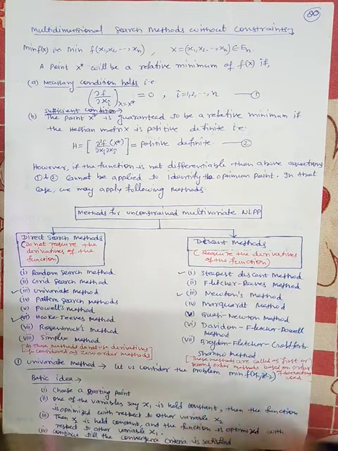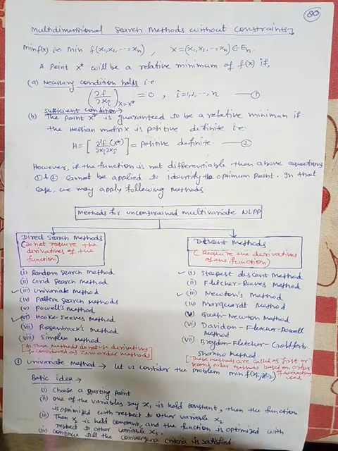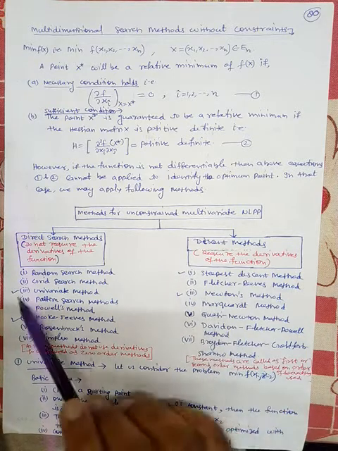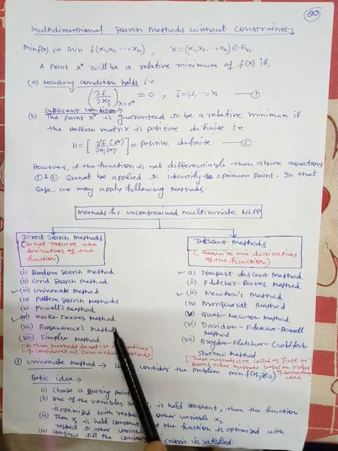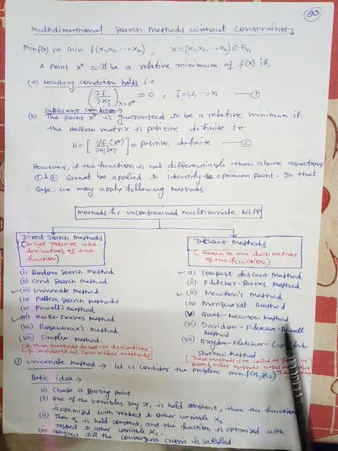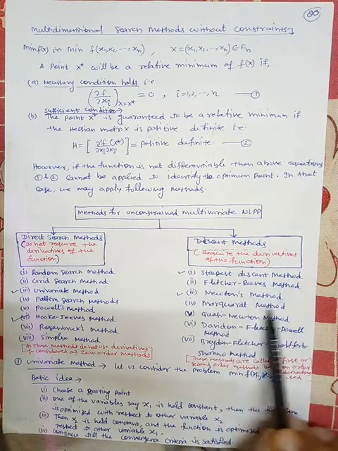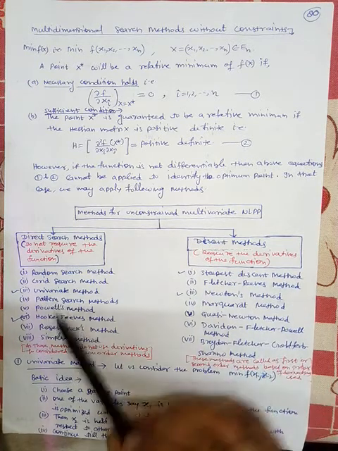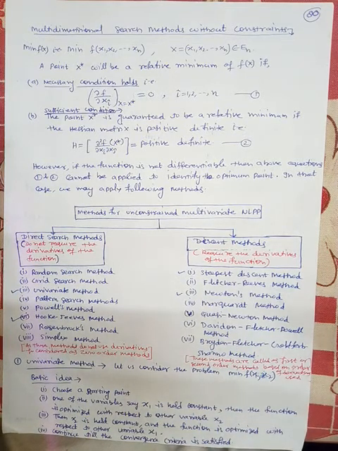I am not discussing all these methods; I have selected 2 methods from each category. Here we will discuss the univariate method and Hooke and Jeeves method. From the second list, I have selected the steepest descent method and Newton method. So ultimately we will discuss 4 methods.